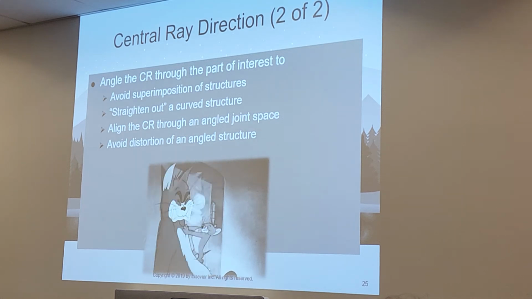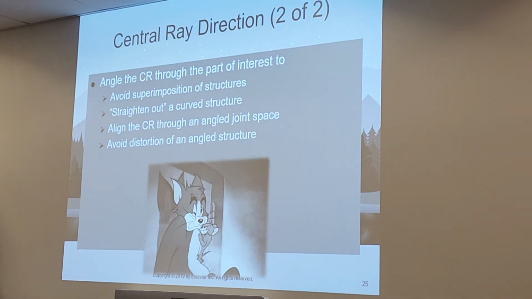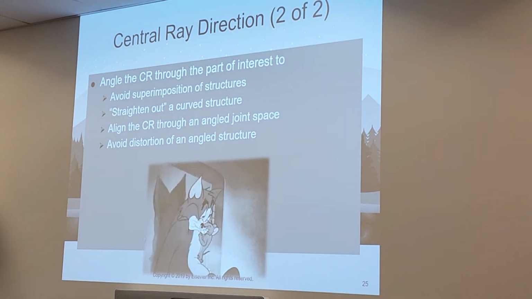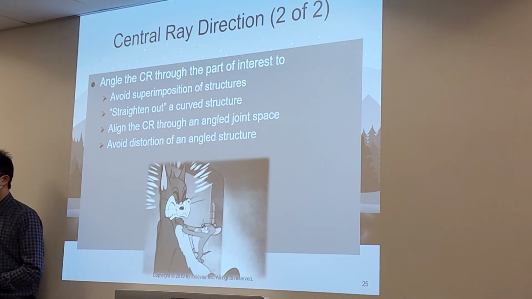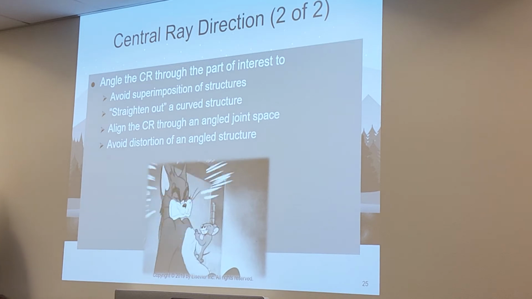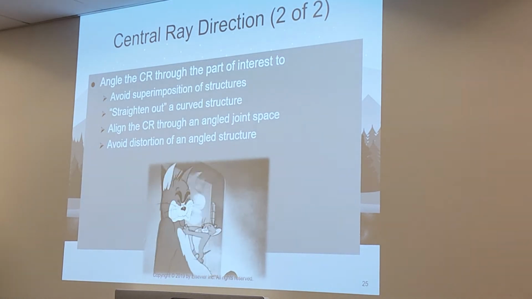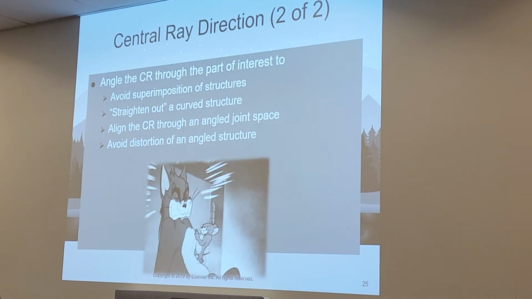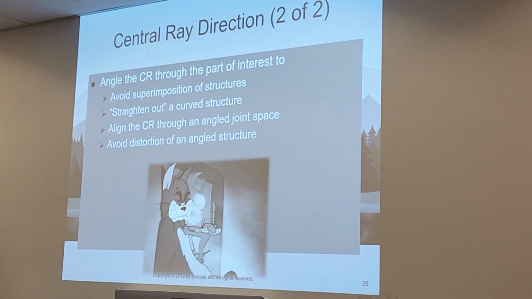We don't want to overlap things, so we angle. Another reason why we might angle is to straighten out a curved structure. Something might be curved at an angle. We will put our central ray at an angle to match it. That way it now looks straight instead of curved.